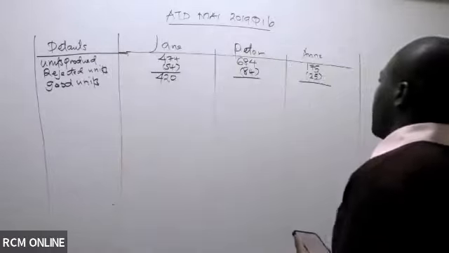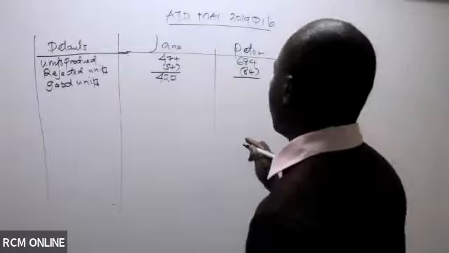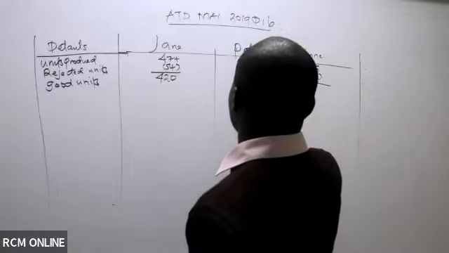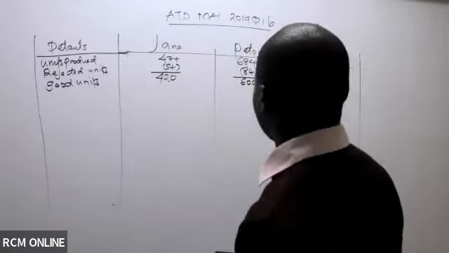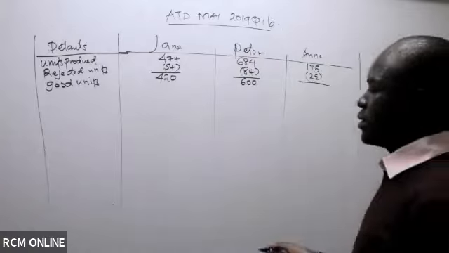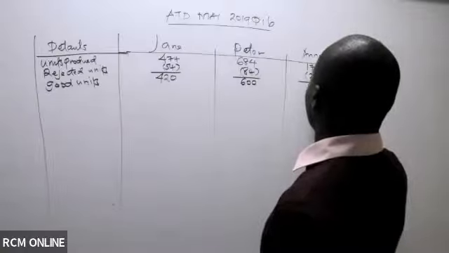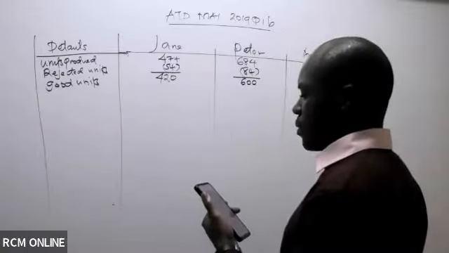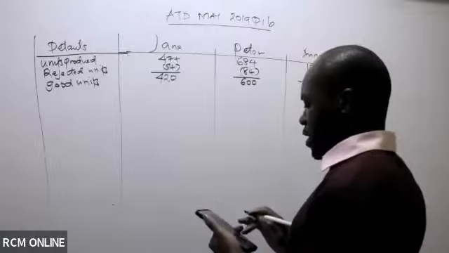Then 684 minus 84 will give us, is it 600? Then 175 minus 25 will give us 150.